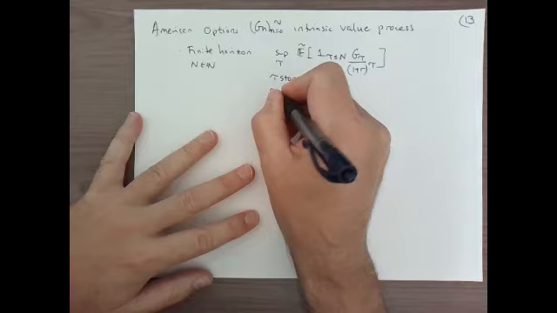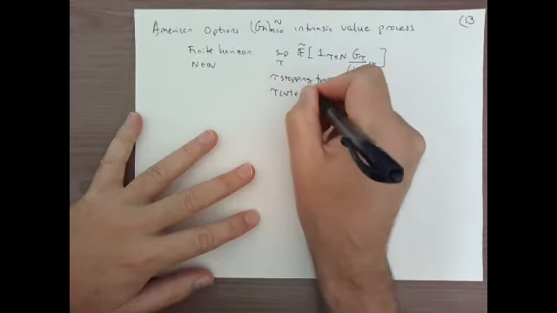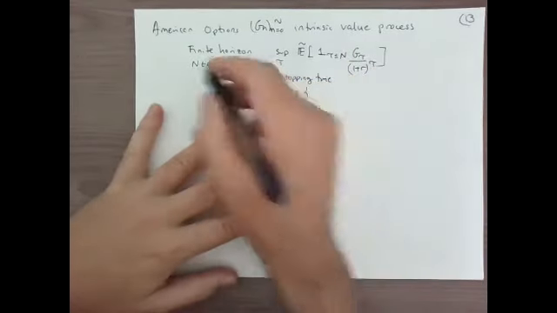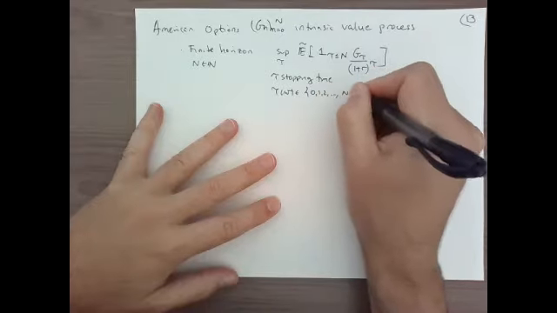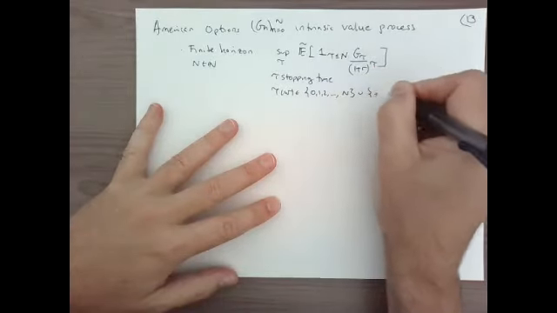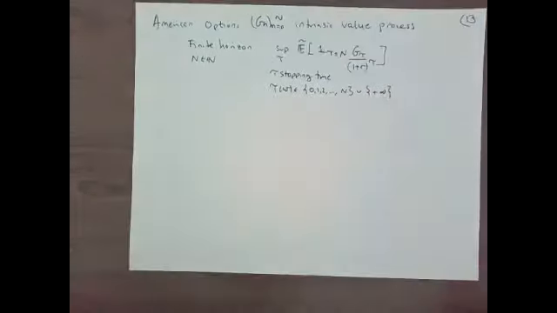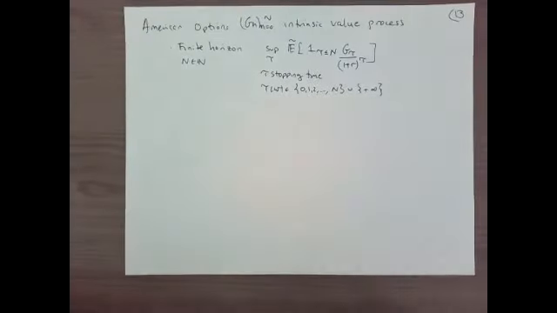If it's a finite horizon, tau takes values in 0, 1, 2, up to n, and potentially also plus infinity. So that's the finite horizon version.